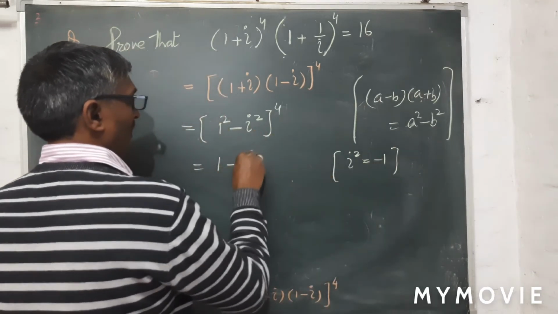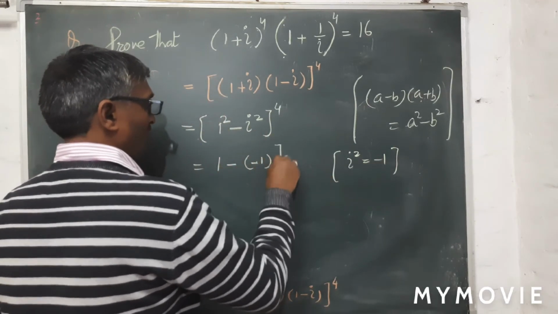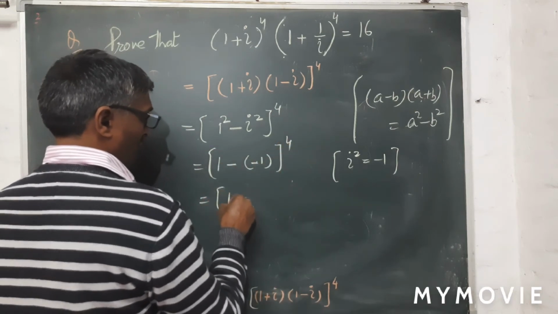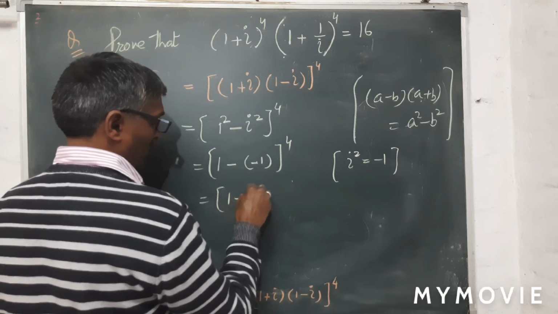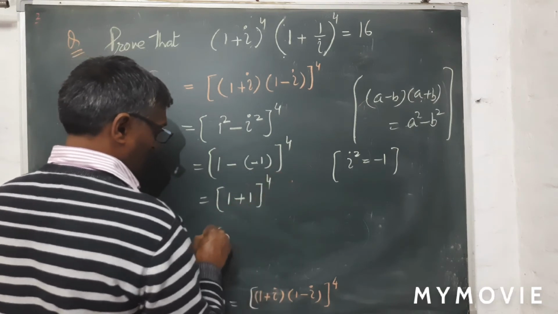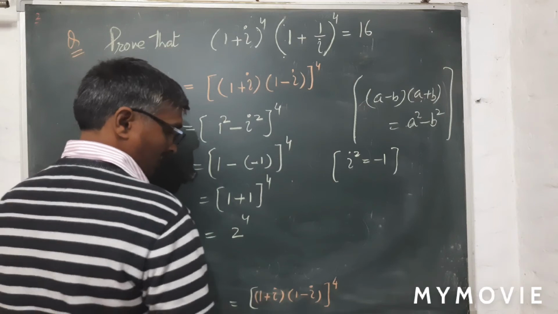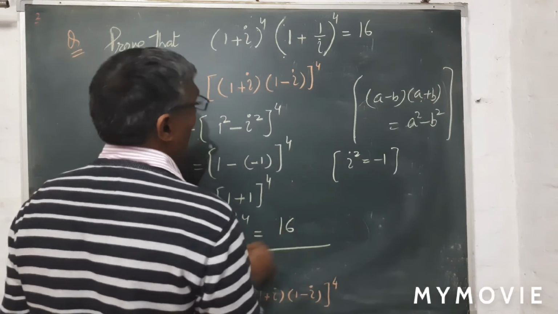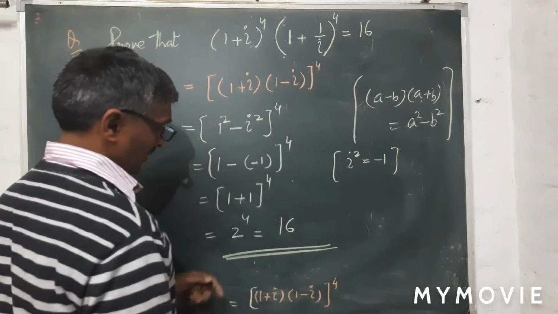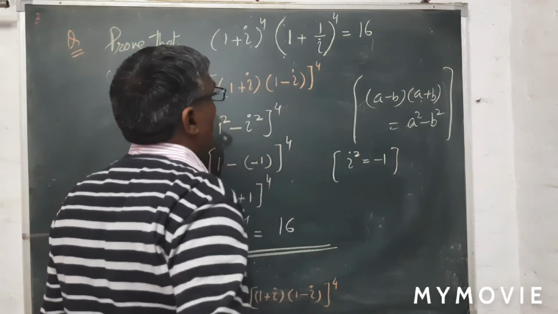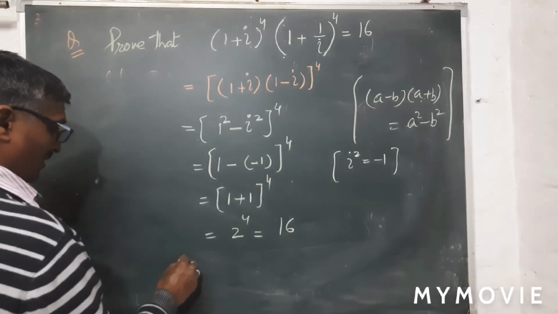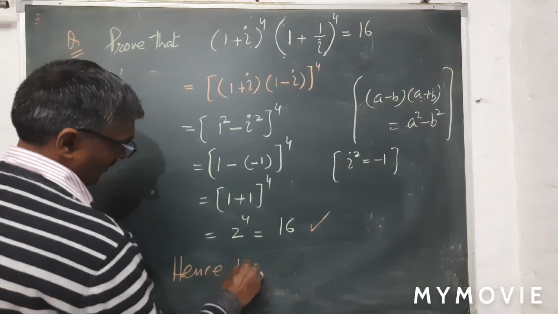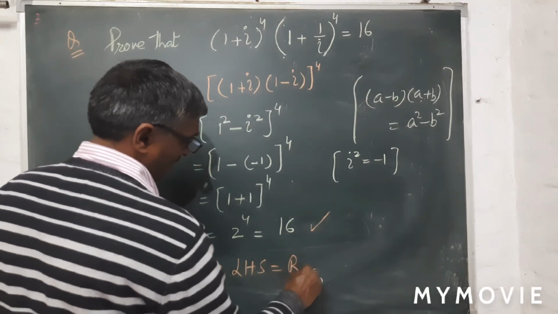Write down here, minus 1 to power 4. That is equal to 1 minus minus plus, plus 1 to power 4, 2 to power 4, that is equal to 16, which is to prove. Hence, left hand side is equal to right hand side.